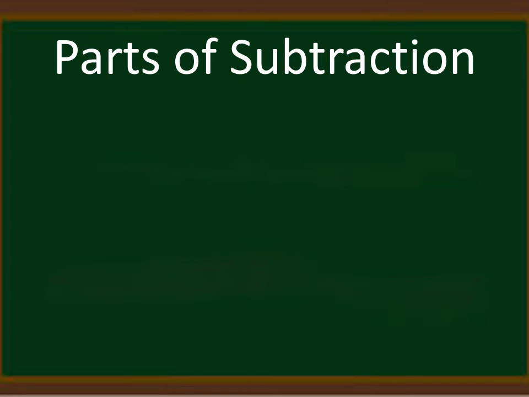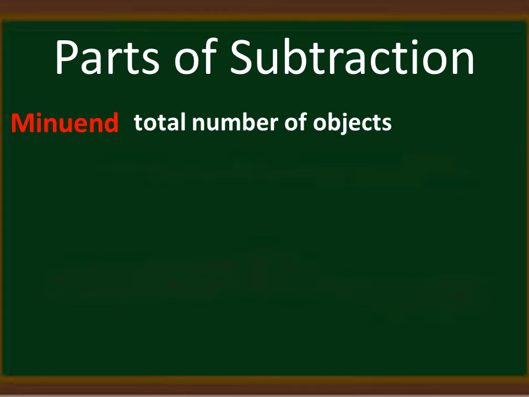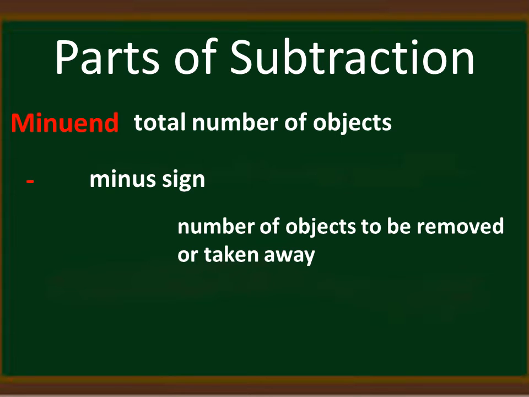In parts of subtraction, let us remember that the total number of objects is what we call the minuend. And the minus sign is the symbol for subtraction. It's like a dash.